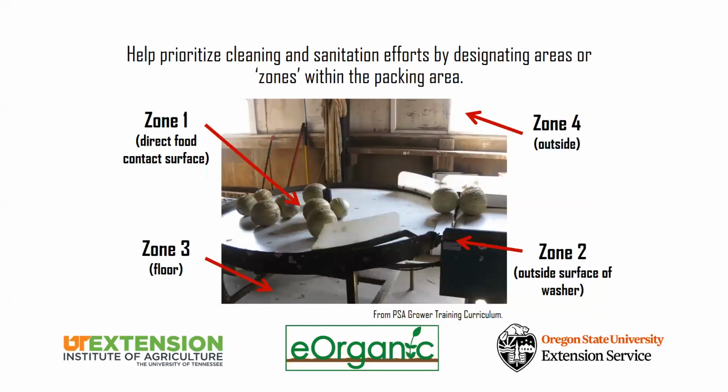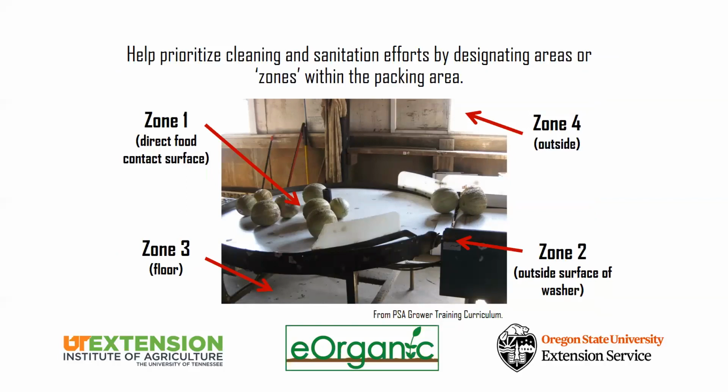This is another food safety example. In Food Safety Now and in the Food Safety Modernization Act, we talk about zones of produce, of how you should prioritize your cleaning and sanitation. And this is a concept that's really foreign to produce growers, so this is a good way to illustrate it.